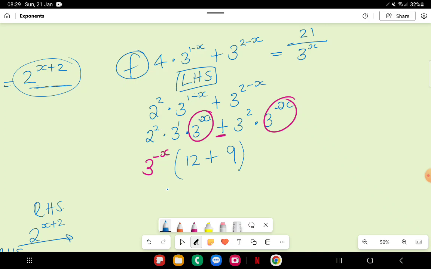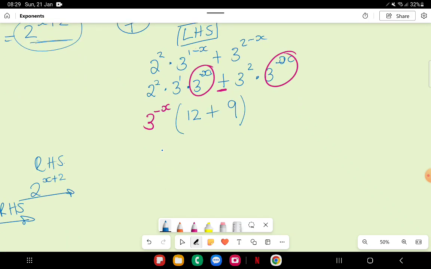So that gives me 3 to the power of negative x multiplied by 21. If I take this down to a denominator, because it's negative, I mean go home, I'm saying that's 21, so not 12, 21. 21 over 3 to the power of x.